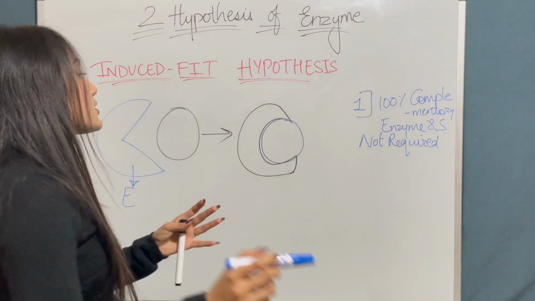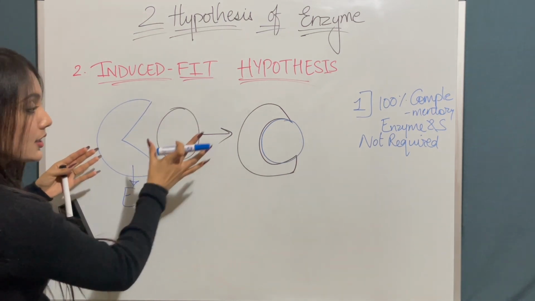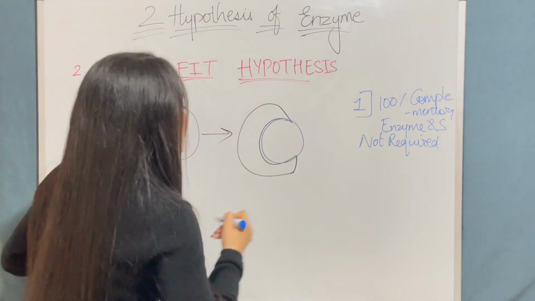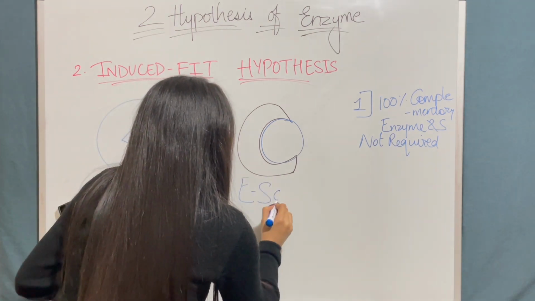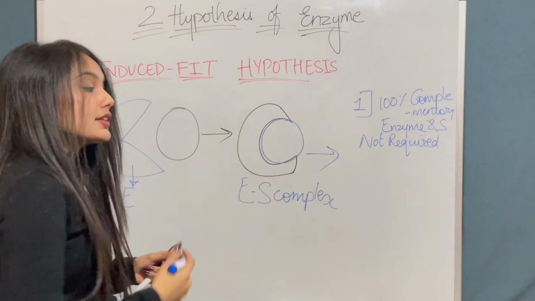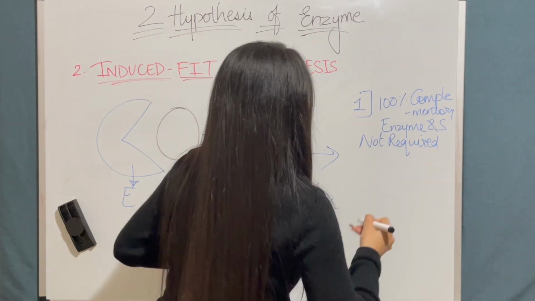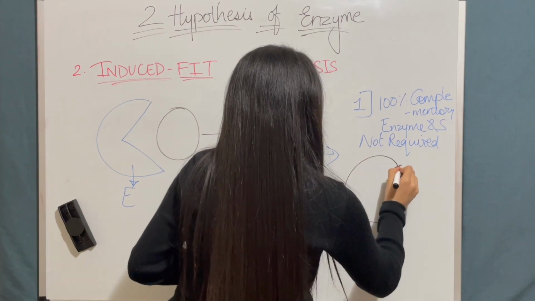As you can see, the enzyme has an active site which is different from the substrate. Still, it can bind and form the ES complex. Further, they carry on the reaction, form the product and give up the enzyme as it is.